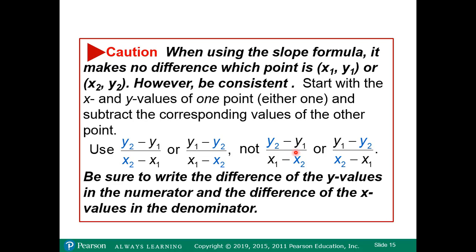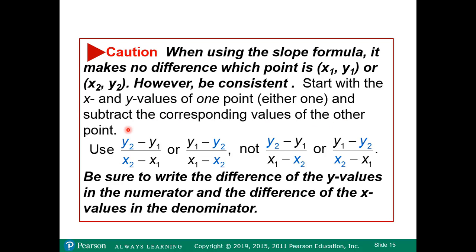Now, when using the slope formula, it makes no difference which point you make x1, y1, or x2, y2. But again, as I tell students all the time, just be consistent. Start with the x and y values of one point, whichever one you choose, and then subtract the corresponding values of the other point.